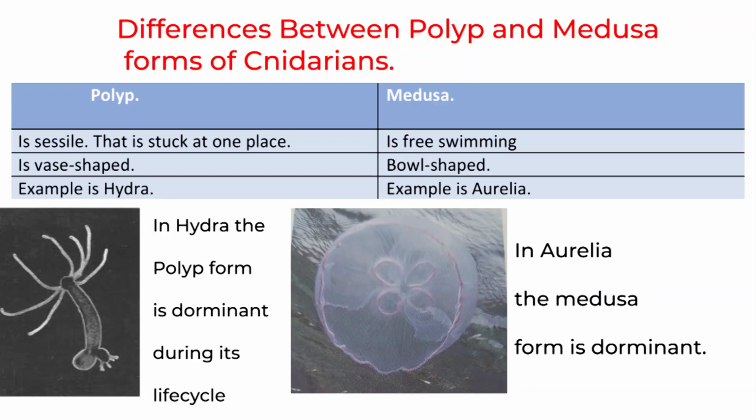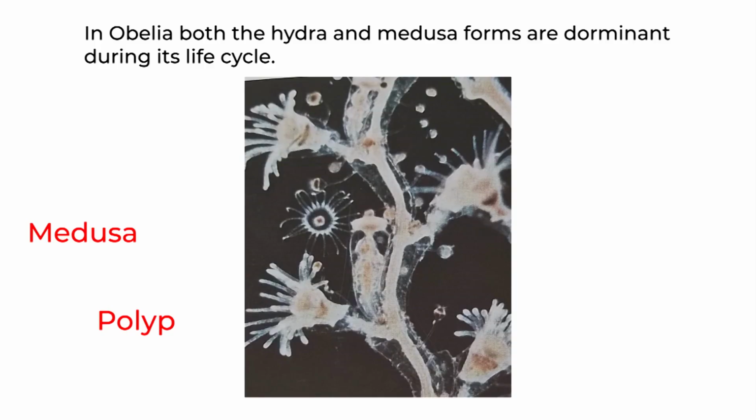Now we'll look at examples of the polyp form and the medusa form. So you have the polyp, hydra, and then the medusa form, Aurelia. And in some, both the polyp and medusa are seen. That is typically Obelia.